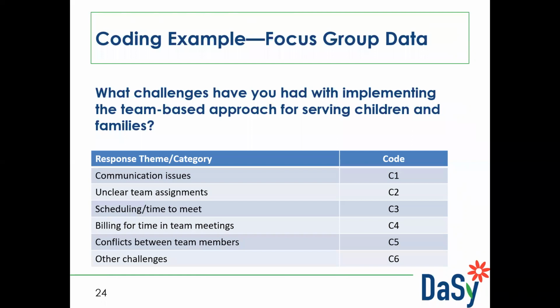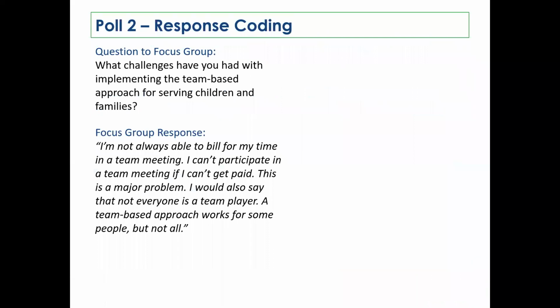So we are going to do one example and practice doing this. And so here is the question again: what challenges have you had with implementing the team-based approach? And we're going to do the polling. Because on my screen the poll is blocking the quote, I'm going to drag the poll to the right so I can see the full quote.